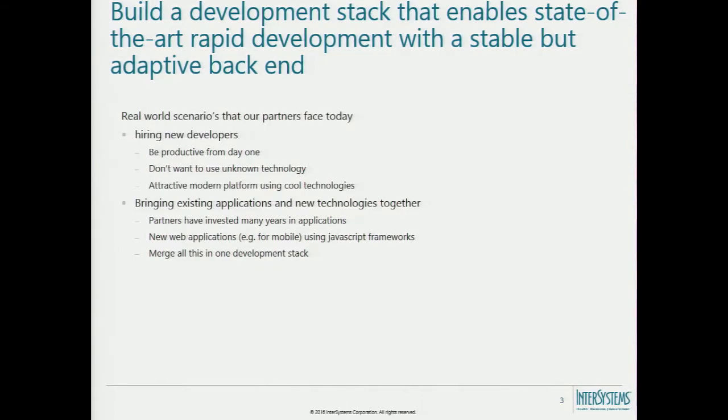So having this JavaScript full stack in Caché means that if you want to hire somebody who's really good in web development, they can start from the first day and be productive. And you can still run on the same platform as you're running right now. So you can still merge all those applications and benefit from all the code and all the data that you already had. So it's a good situation to be in.